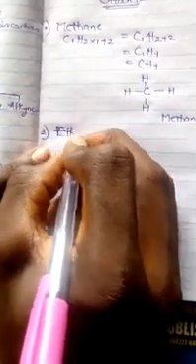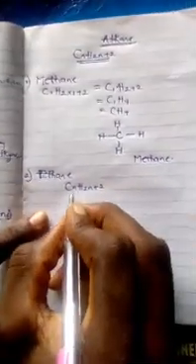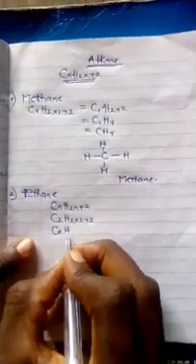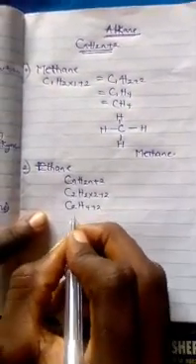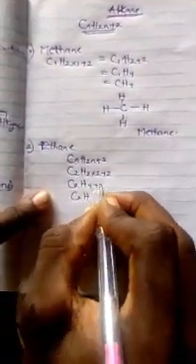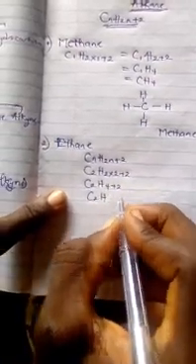Let's go for the second one, which is ethane. Let's bring the formula CnH2n plus 2. Anywhere you see n, you put 2. C2 H2 times 2 plus 2. 2 times 2 is 4, plus 2 will give you 6. So C2H6. Now I draw the structure.